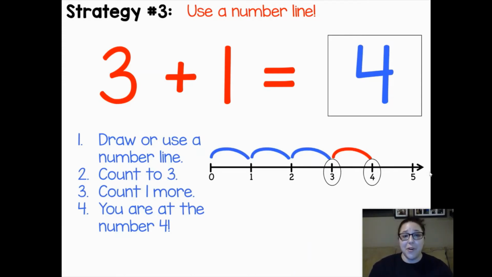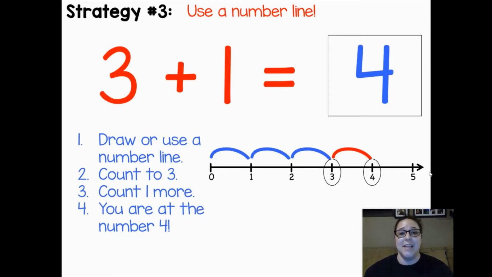Now I'm on the number 3 in my number line. Then I look at my second number. That number is the number 1. So I'm going to jump one more hop on my number line. I was at 3, and now I'm going to hop one more hop, and now I'm at the number 4. That last number, the number 4, is the number of my total.